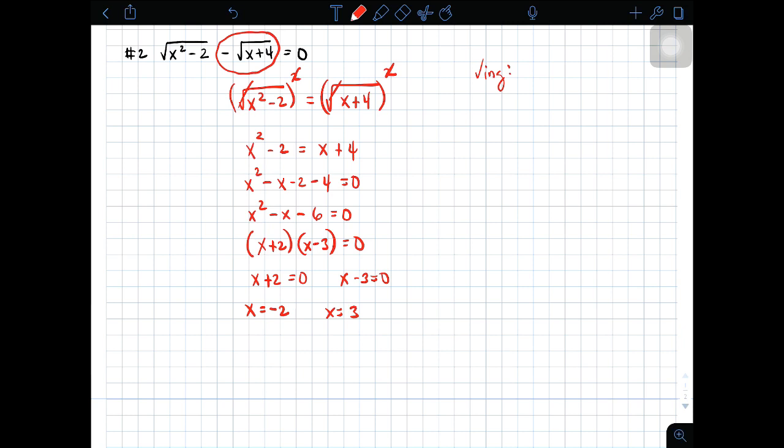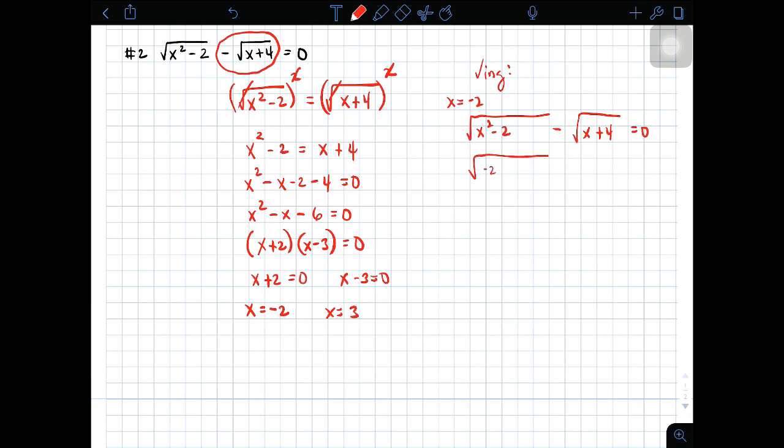if these values can satisfy the original equation. The first value is x is equal to negative 2. So you have square root of x squared minus 2 minus square root of x plus 4 is equal to 0. So next thing you need to do, substitute the value of x.